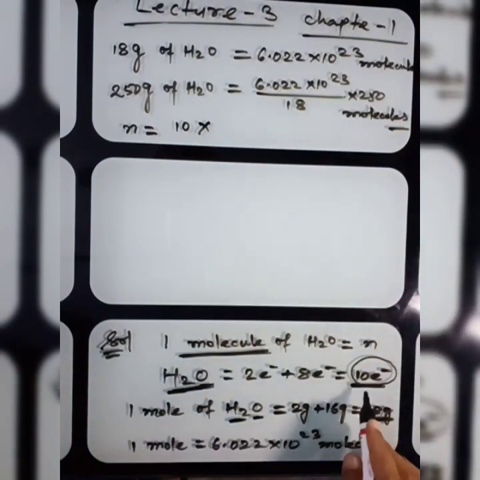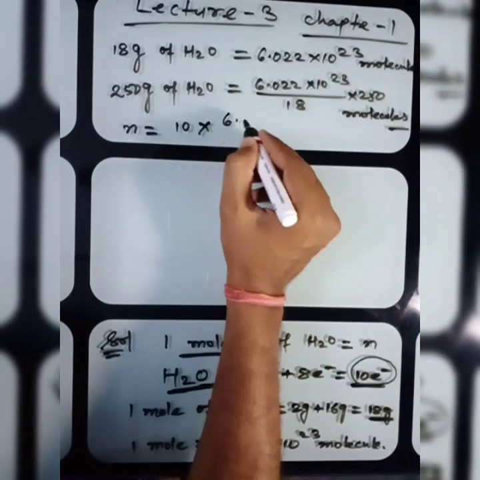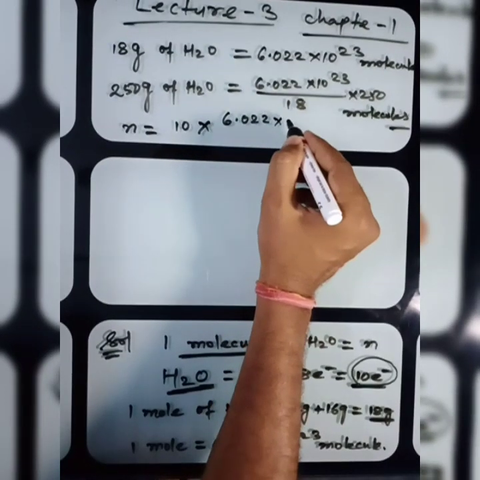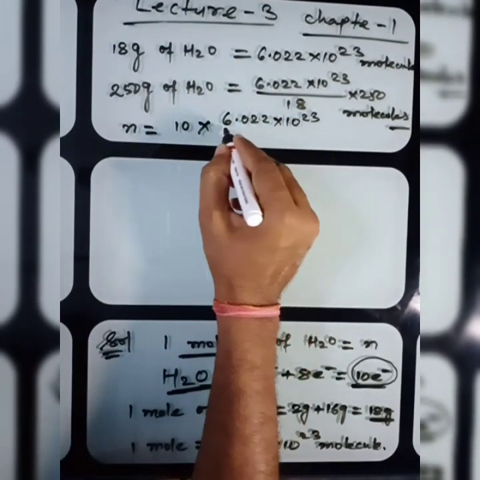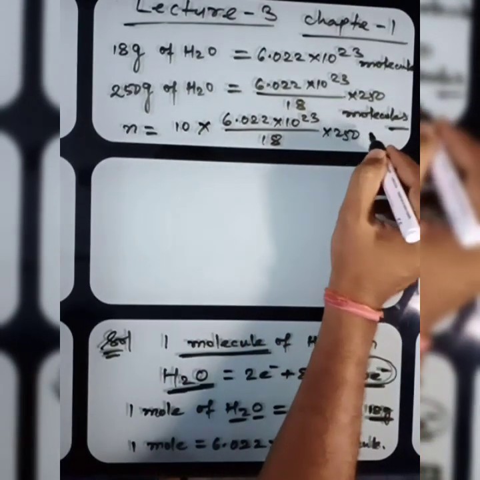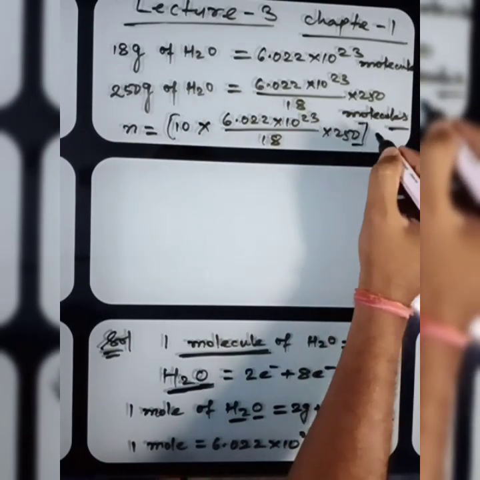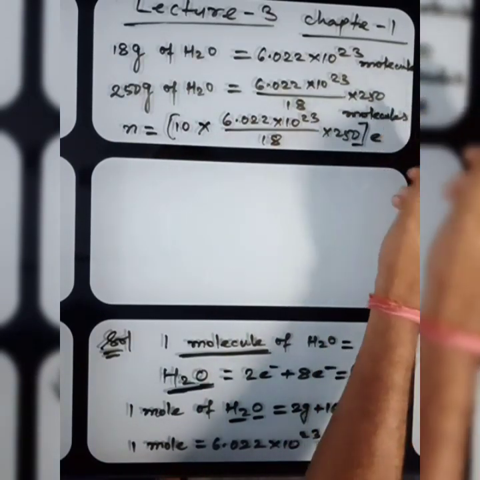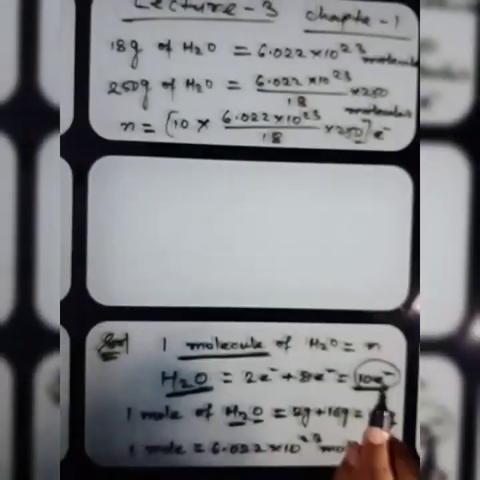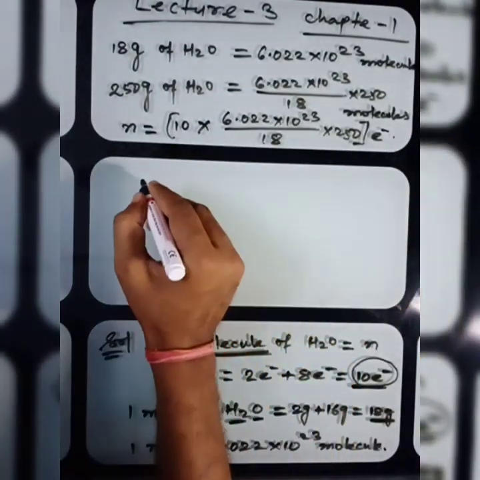Since one molecule contains 10 electrons, this much molecules will contain 10 times 6.022 times 10 to the power 23 by 18 times 250 electrons. Hope you are getting it. You can pause the video and make the calculation. So this will give you the number N.